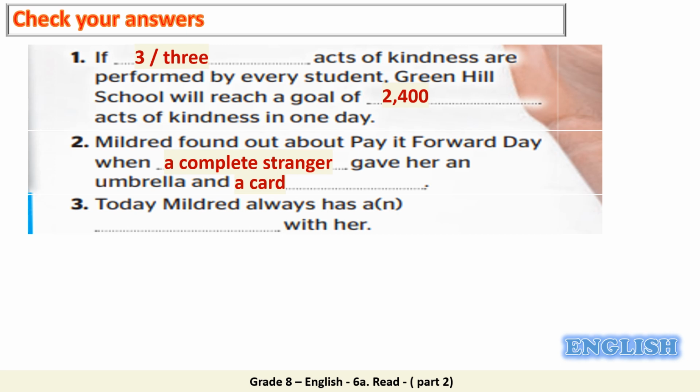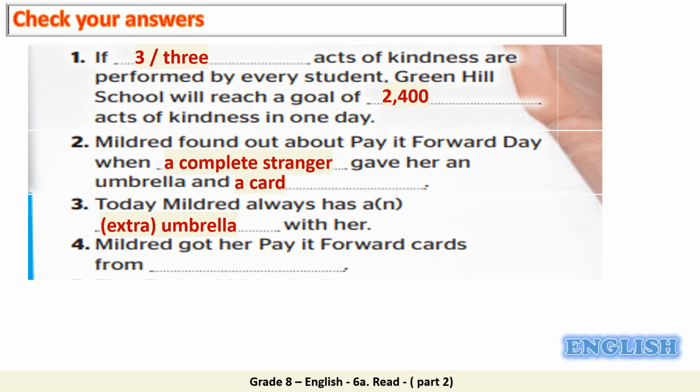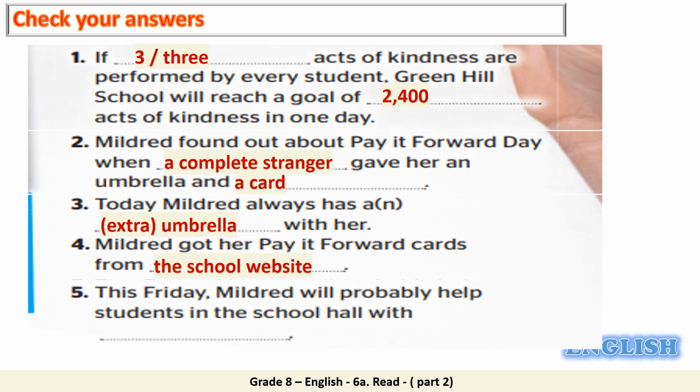Today Mildred always has an umbrella with her. 4. Mildred got her Pay It Forward cards from the school website. 5. This Friday, Mildred will probably help students in the school hall with history or their history homework.